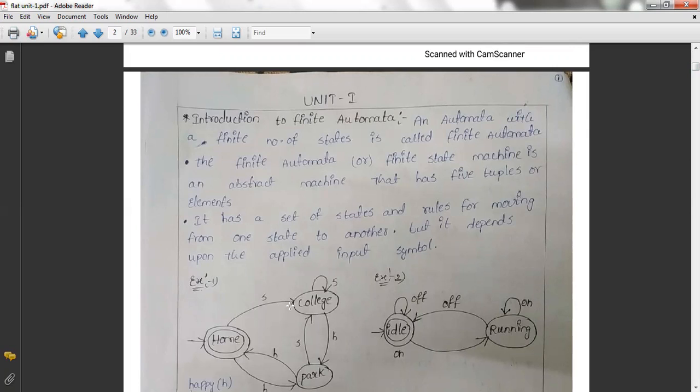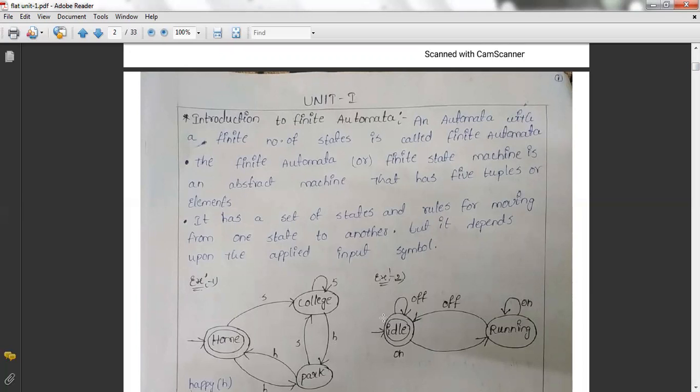When the student is moving from college to park, the student may be in a happy mode. When the student is moving from park to home, the student may be in a happy mode. So these are the different states we have: home, college, park, and S and H are the input symbols. S is a sad mood, H is a happy mood.